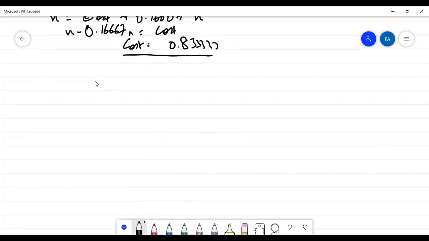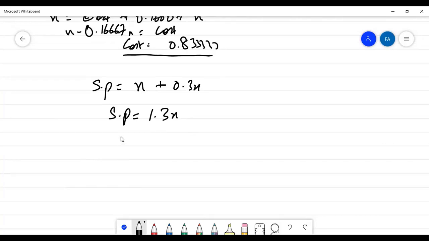Selling price is equal to cost X plus 0.3 of X, so it is 1.3X. The selling price is 1.3X. So if your selling price is 1, then X will be 1 upon 1.3, which will be X. So X will be your cost again.